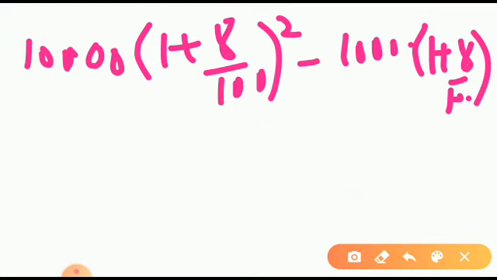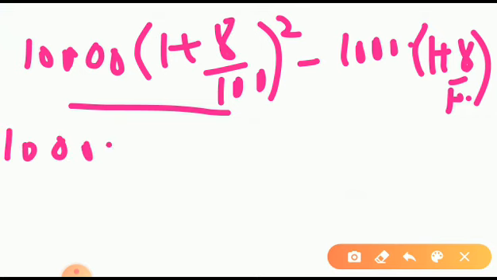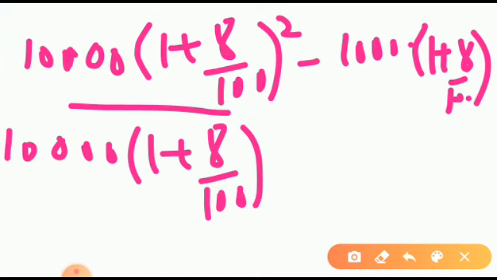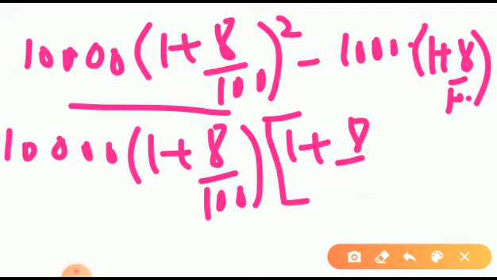The common term I'll take outside: 10,000 into 1 plus 8 by 100. Inside the bracket it will be 1 plus 8 by 100 minus 1. So 1 and minus 1 will get cancelled, and the difference will be 10,000 into 1 plus 8 by 100 into 8 by 100.